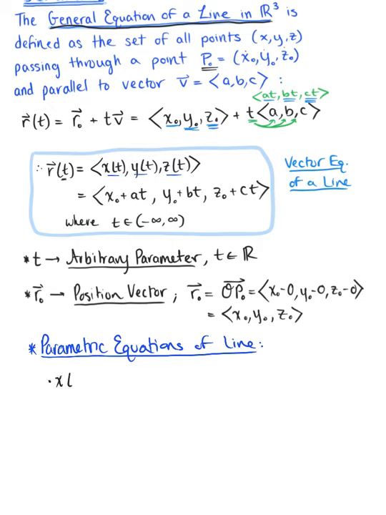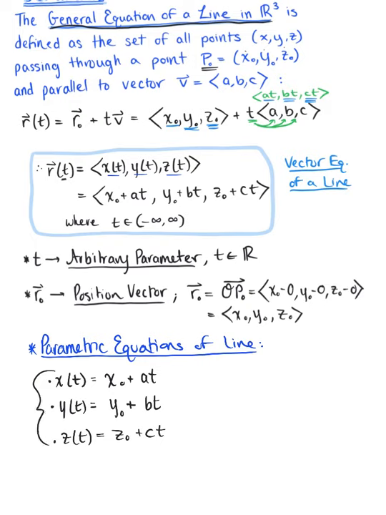So the parametric equations of the line are these individual components. We have x of t, which is defined as x naught plus at. We have y of t, which is defined as y naught plus bt. And we have the z of t component, which is defined as z naught plus ct.